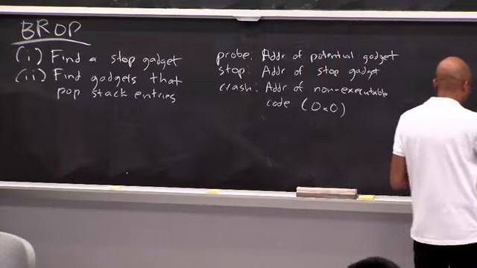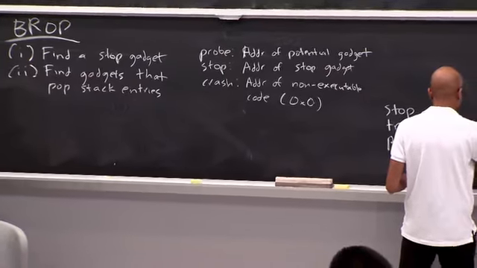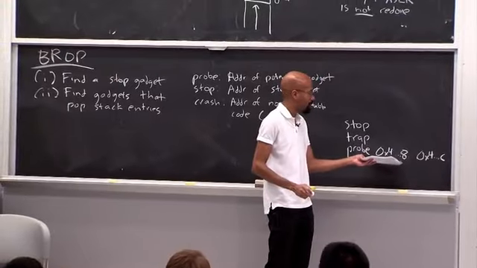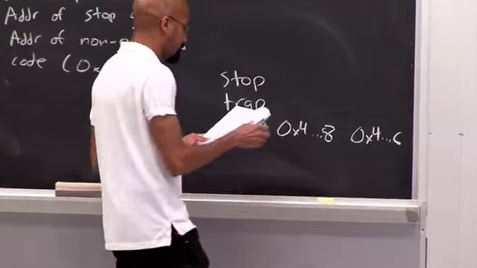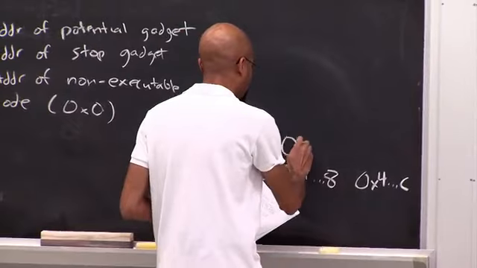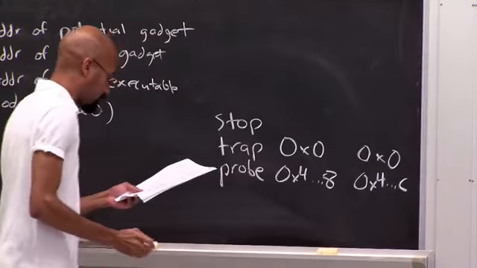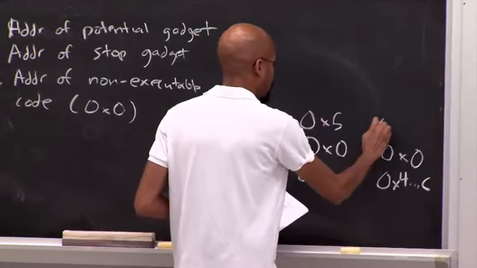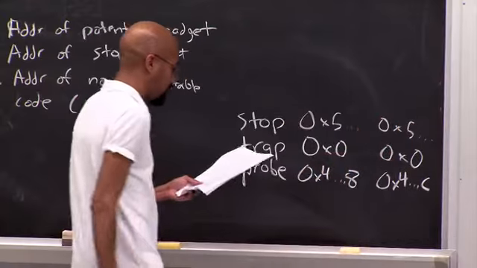Over here, let's say we look at the address that starts with a 4 and ends in a C. So we're hypothesizing that maybe one of these two addresses is going to be one of these stack popping gadgets. And then the trap up here, like I said, is just going to be address 0. And then let's assume that we found some pre-existing stop gadget at some address that starts with 5, doesn't really matter.